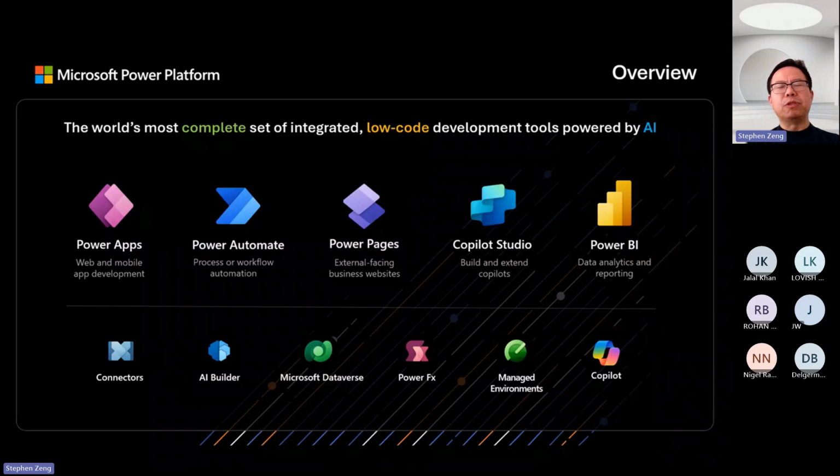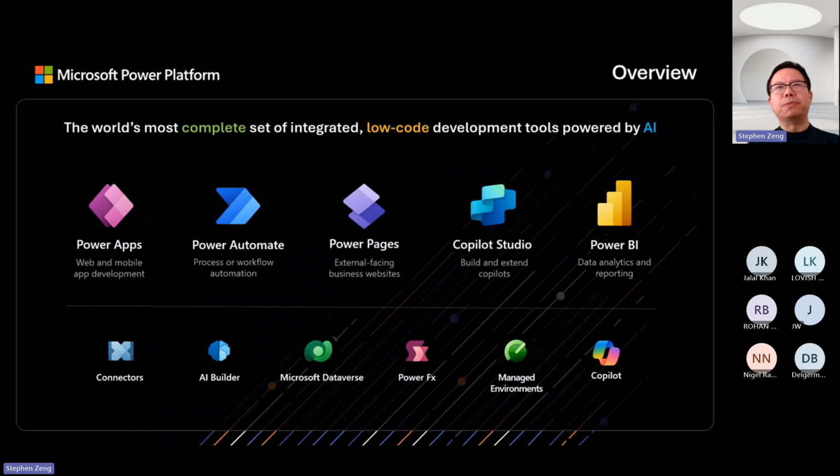So often you need to write code to implement that. However, in Power Platform, there are more than 1,200 out-of-the-box connectors. And a connector is just a wrapper of an API, but in a very user-friendly way. So in Power Platform, you can simply use it in a very easy way to interact with other systems.